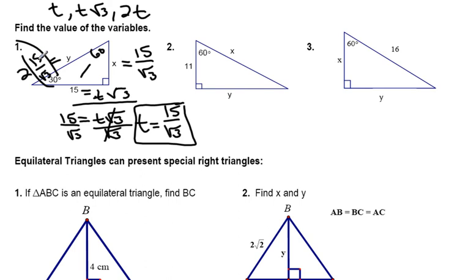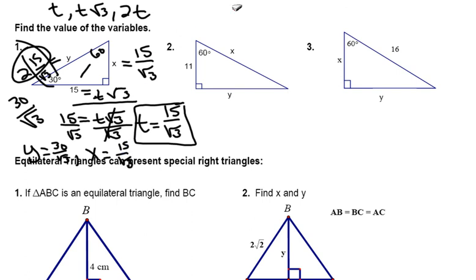Now here we have a fraction, and all we do with a fraction is we multiply our numerators. 2 times 15 is 30, and we leave the denominator over the square root of 3. So y in this problem equals 30 over the square root of 3, and x in this problem equals 15 over the square root of 3.